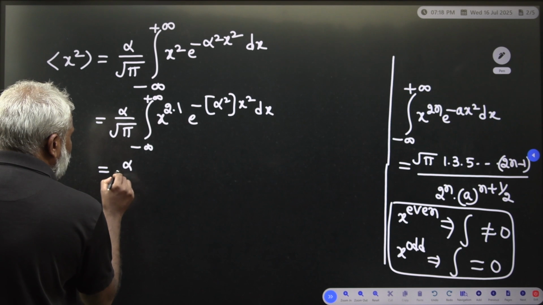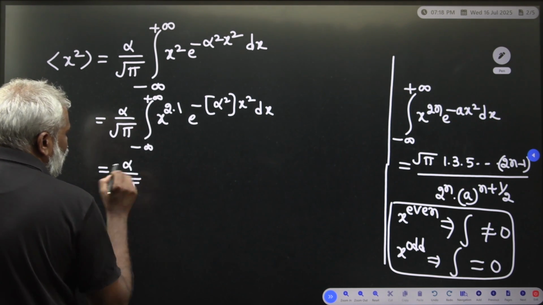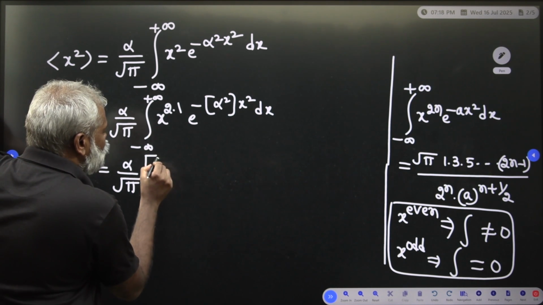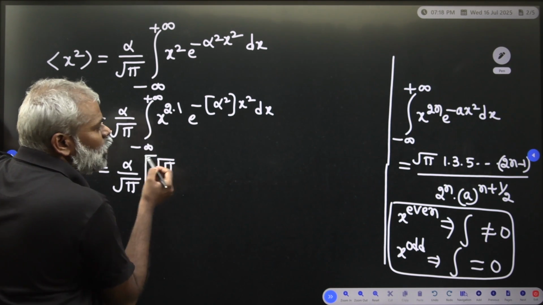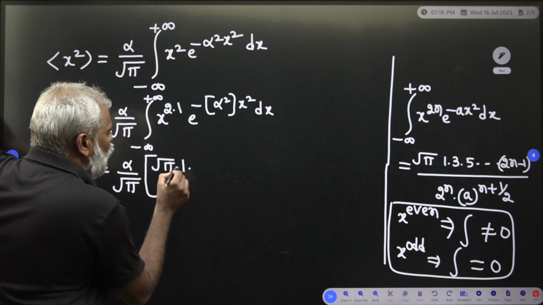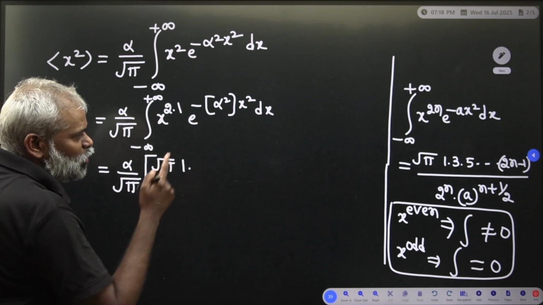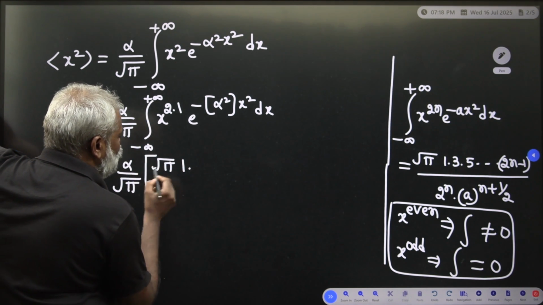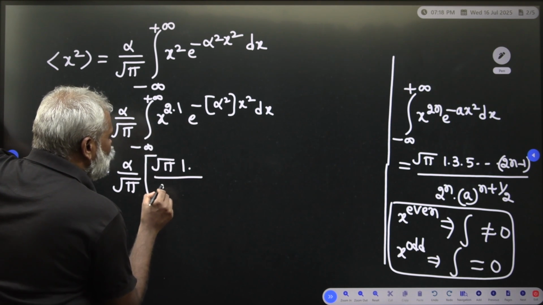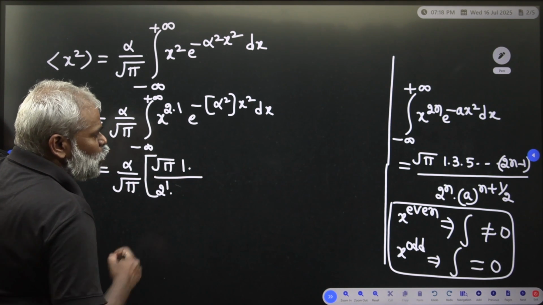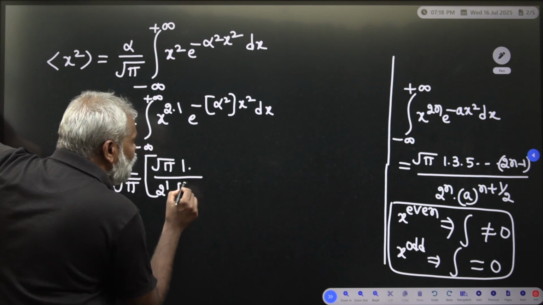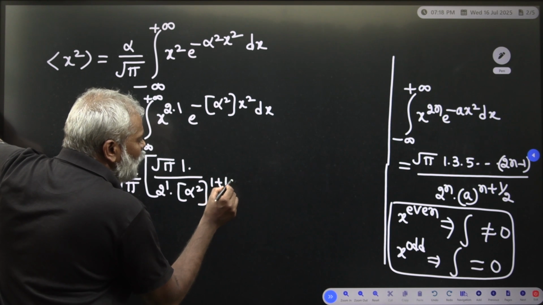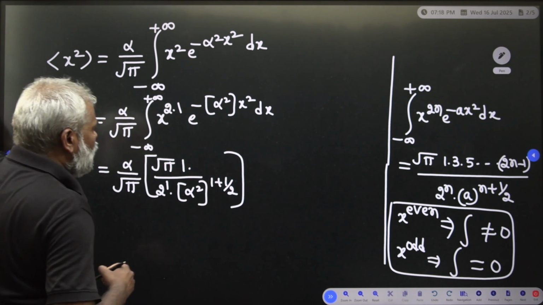Alpha by root pi into root pi, only one term I take because n is equal to 1, 2n minus 1 is 2 minus 1, that is the first term, divided by 2 to the power of 1 into a to the power of, where a is alpha square, whole to the power of 1 plus 1 by 2.